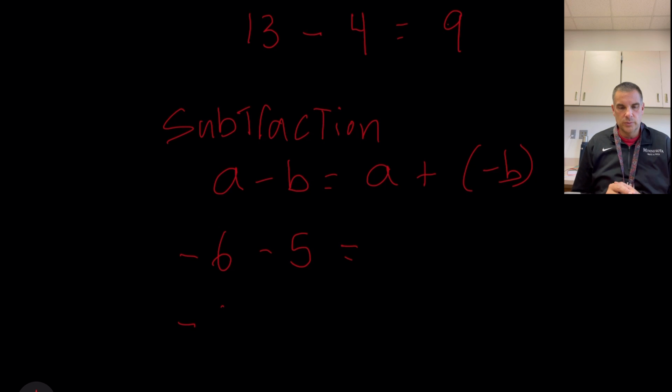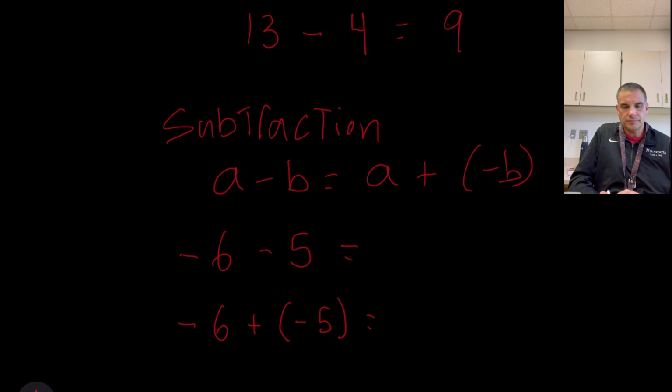Well, if we use the rule above, we're going to leave the first thing alone, which is -6. The subtraction is going to become addition, and we're going to use the additive inverse of 5, which is negative 5. Now we use the addition rules because they're both the same sign. You take the absolute value of negative 6 plus the absolute value of negative 5, so 6 plus 5, which is equal to 11, and then they take the sign that it is.